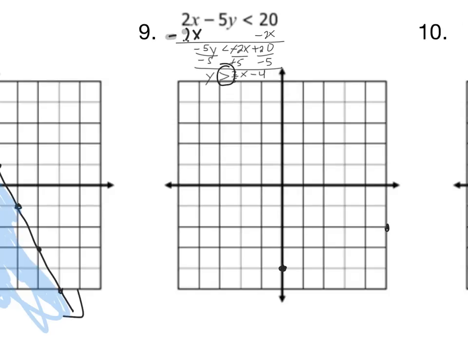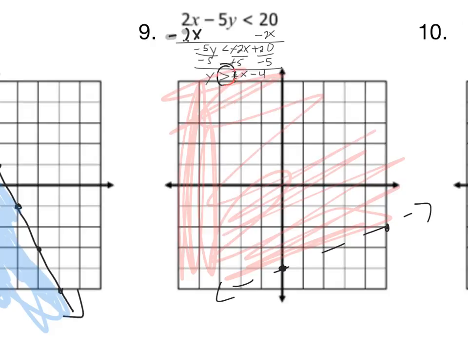It should be a dashed line or a dotted line, and that means that we are not including the line in our solution. It is y is greater than 2/5 x minus 4, so we are going to shade above the line this time, which is going to be this area over here. And that's going to be our solution to this problem.